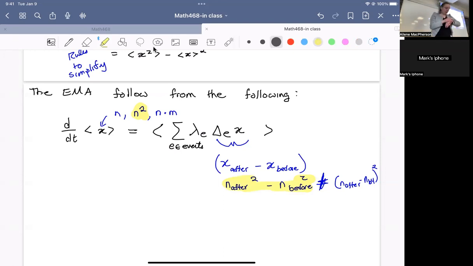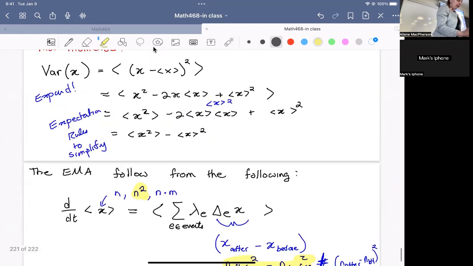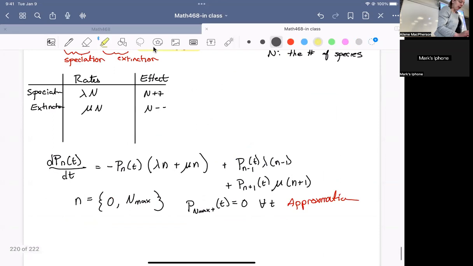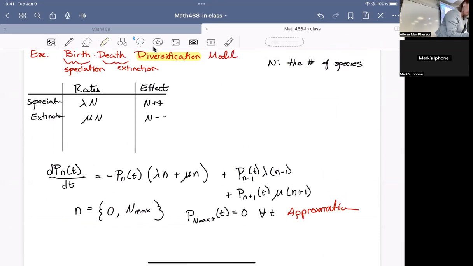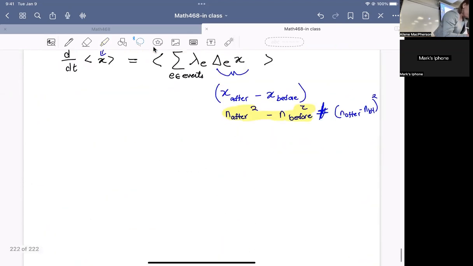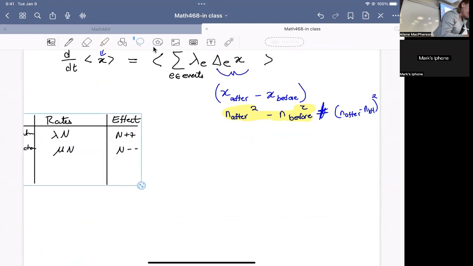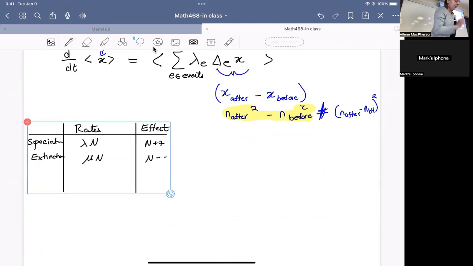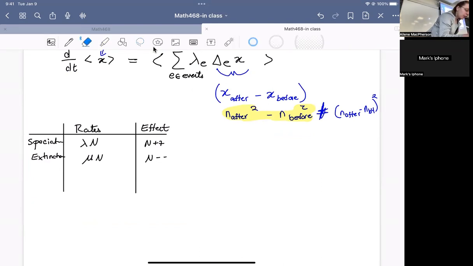Okay, so as a simple example of this, let's use that birth-death process that we just had up above. So we had speciation and extinction. And this is one reason I like writing this as a table like this, because I'm going to now just exchange this for n plus 1 and n minus 1.